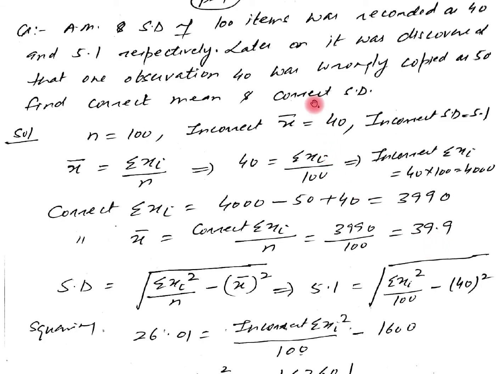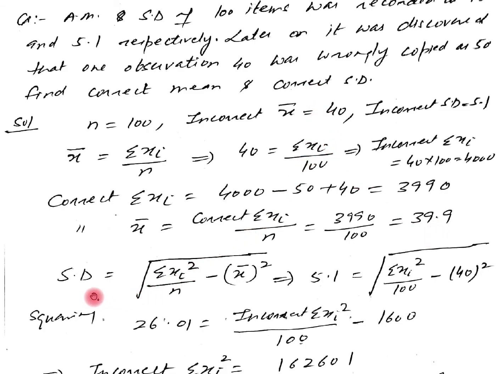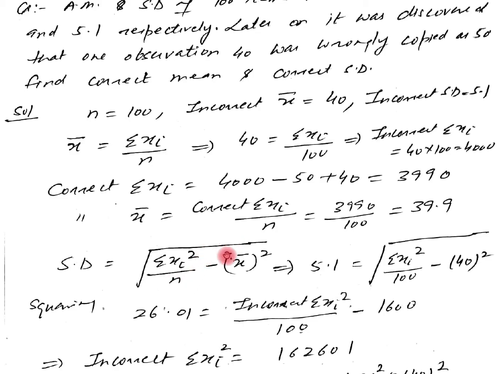Now to find the correct standard deviation, we know the standard deviation for ungrouped data. In word problems, we always use this result: standard deviation equals the square root of sigma xi square upon n minus x bar whole square. Putting in the values, the incorrect standard deviation is 5.1, n is 100, and the incorrect x bar is 40.